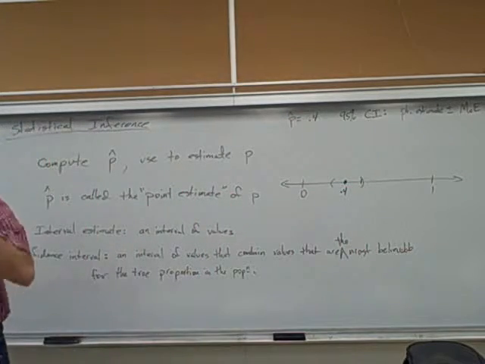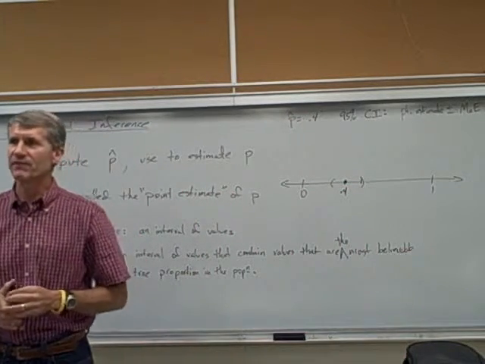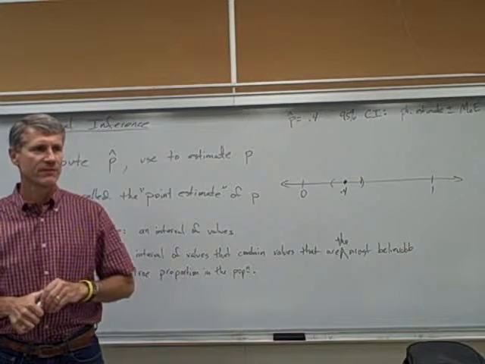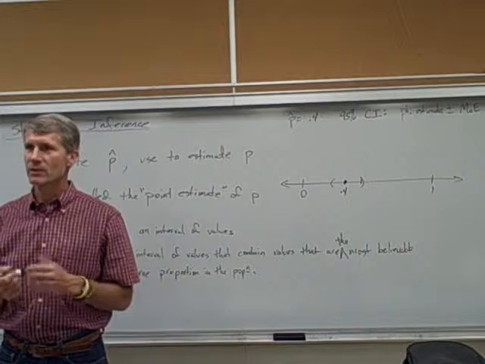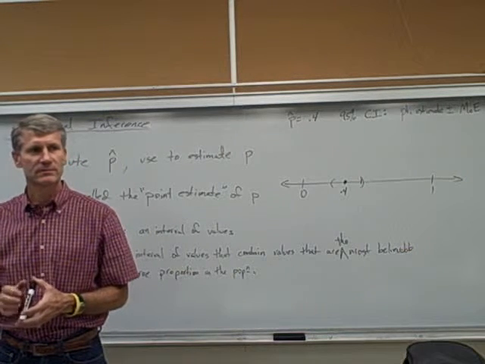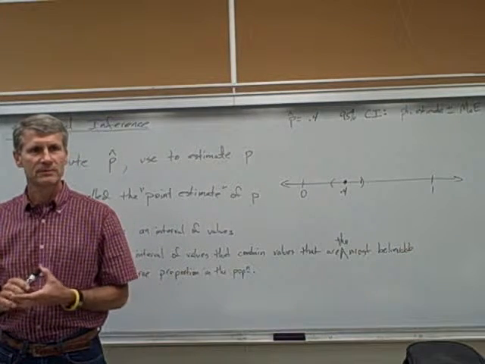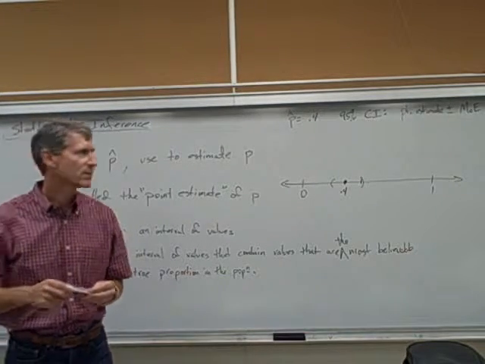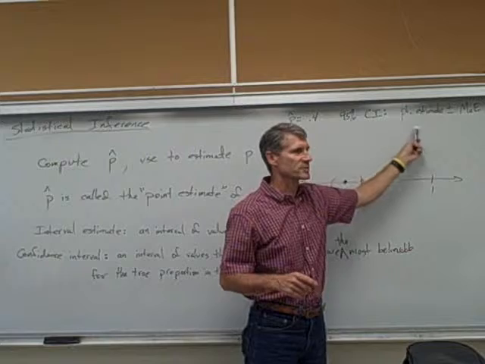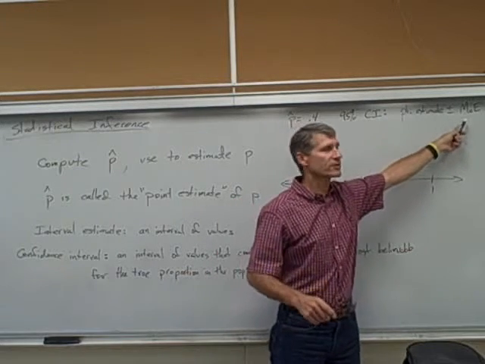So when they say Sam Brownback has 55% of the vote with a margin of error of plus or minus 3, then what's the confidence interval? Well, the point estimate would be 55%. The margin of error is 3.